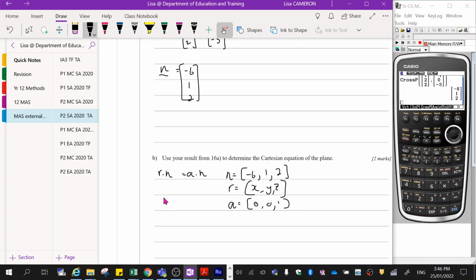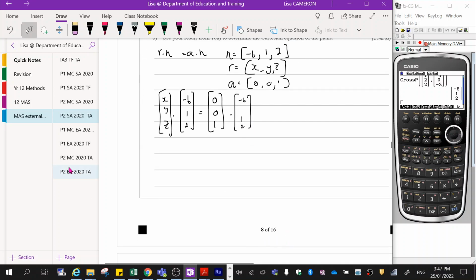Okay, so either you can do it the long way, which is this way that we're doing currently. So that's going to be x, y, z dot negative 6, 1, 2 is equal to 0, 0, 1 dot negative 6, 1, 2.